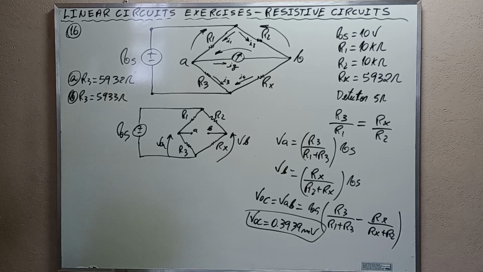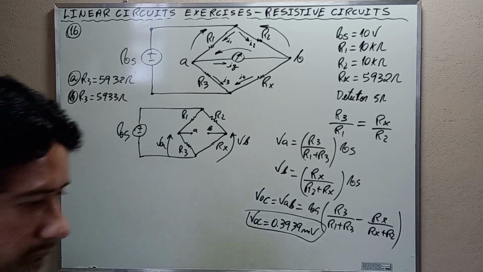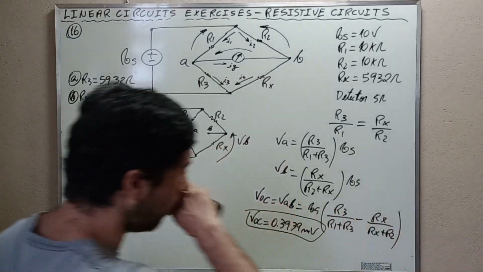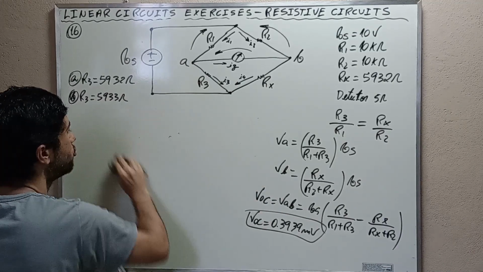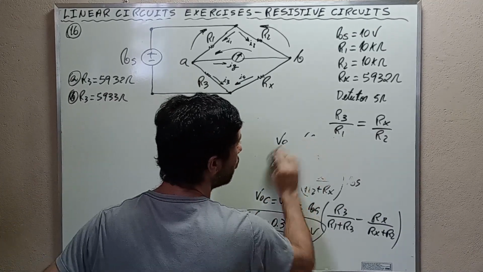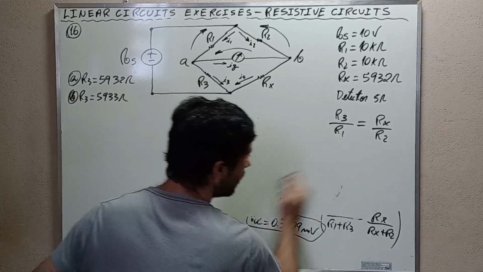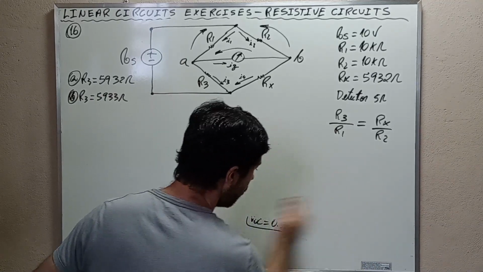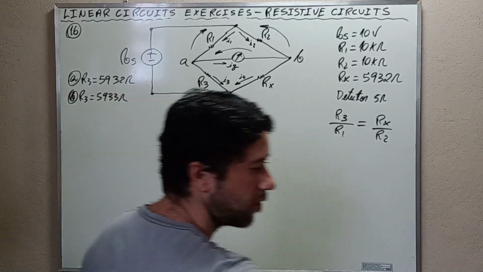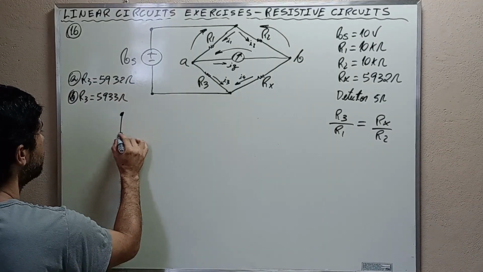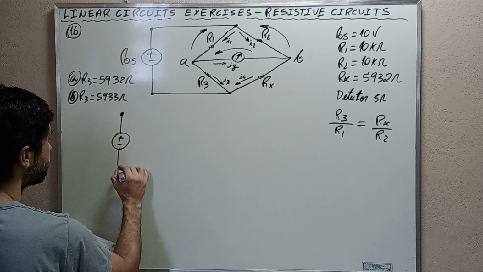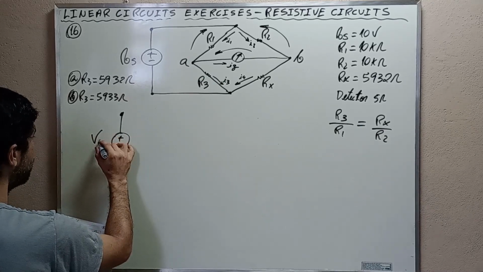Alright, my friends, now that we already know the Thevenin equivalent circuit, we are going to find the current of the detector. Okay, we are almost over for this series. Now we have the Thevenin equivalent circuit. It is going to be VOC.